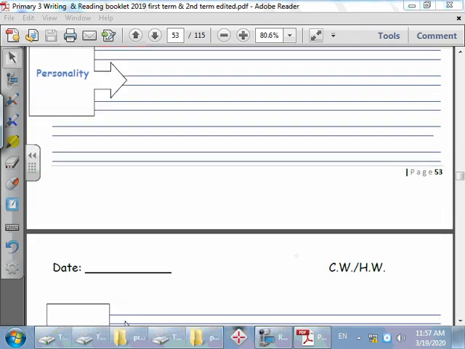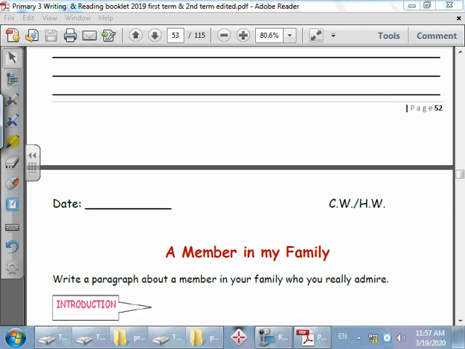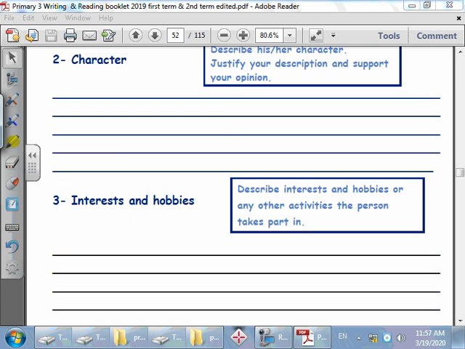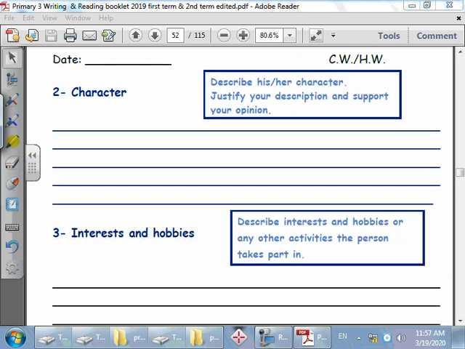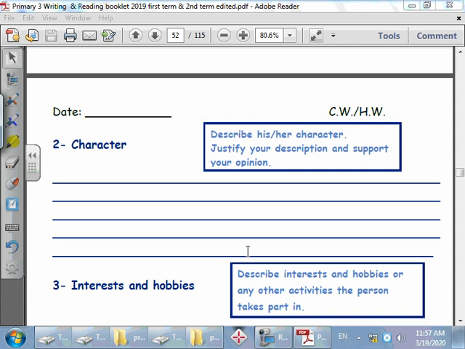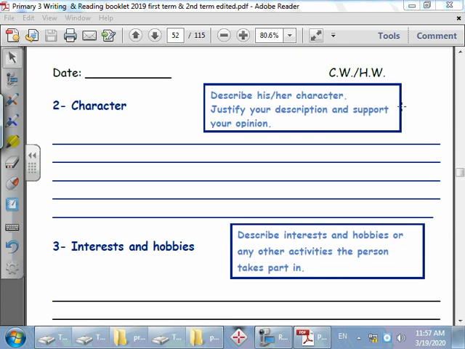Now, after we finish writing the second paragraph, the appearance, we will write also in the second paragraph the character. So you will choose from the character that we mentioned before. For example, you are going to say, my friend is supportive.